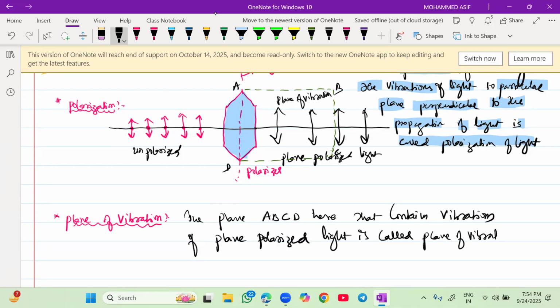He may ask you theoretical questions on it. So what do you mean by plane of vibration? The plane in which the plane polarized light is present is called the plane of vibration. Am I clear? Any doubt in this one? No, sir.